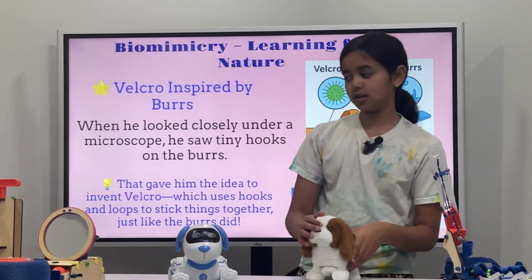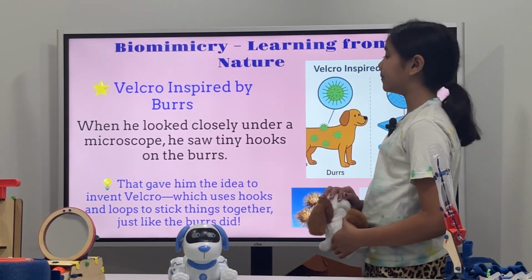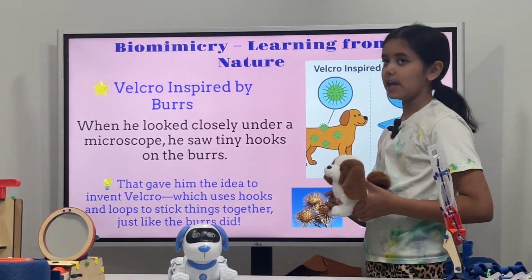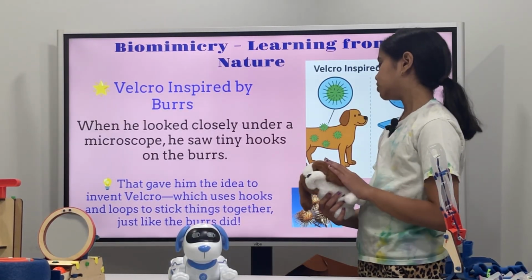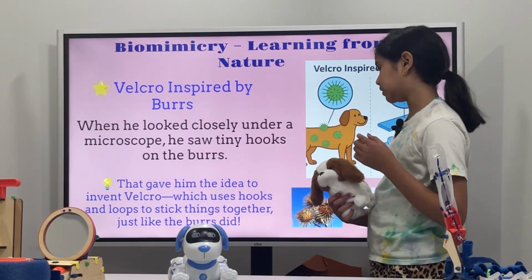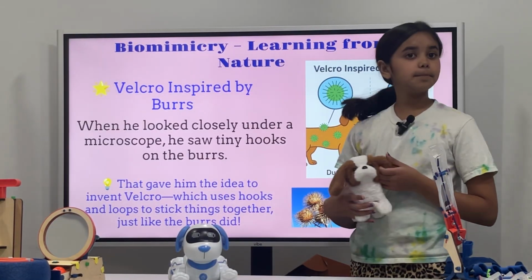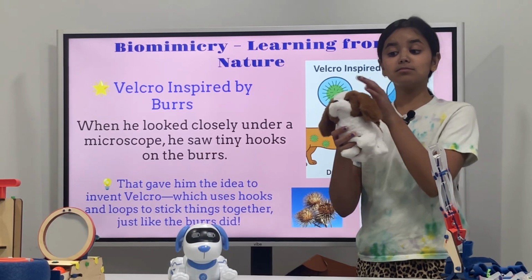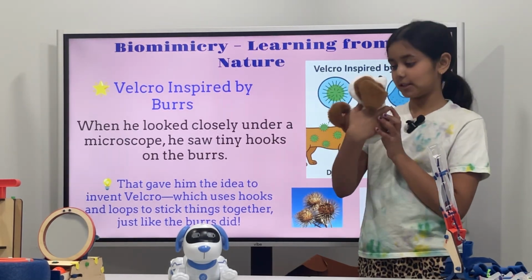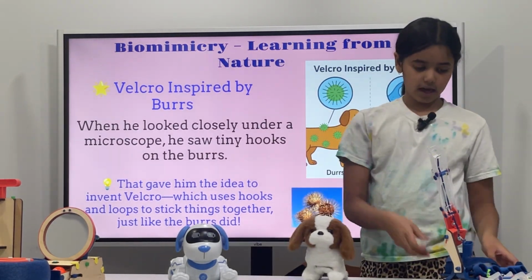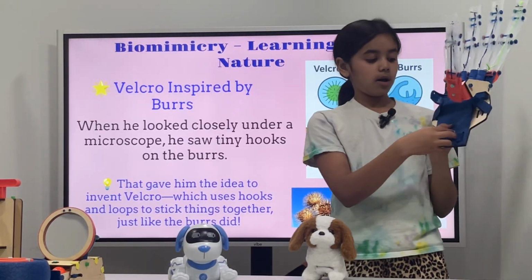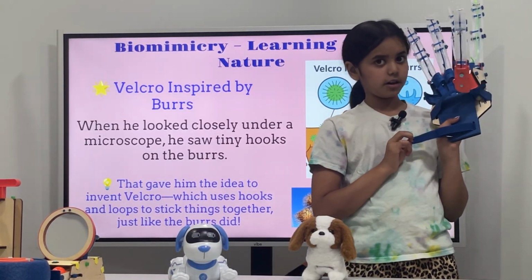He petted his dog, and that gave him the idea to invent Velcro, which uses hooks and loops to stick things together, just like the burrs did to his dog. That's why they say scientists think differently. Just like how I take off the Velcro here, it makes a loud sound.